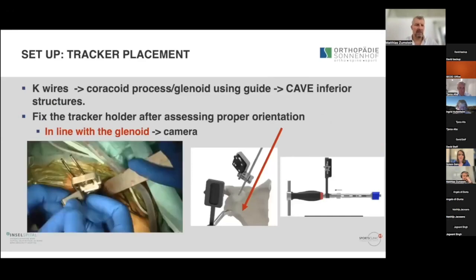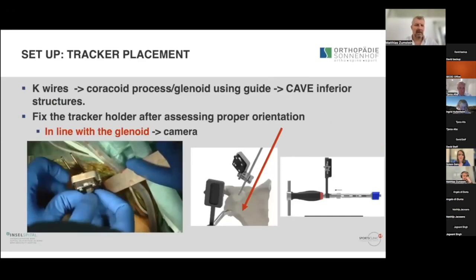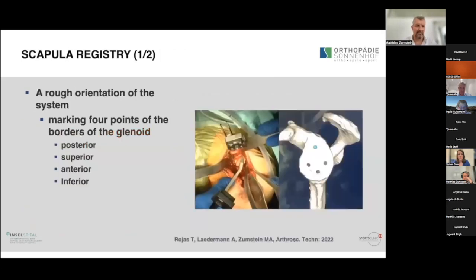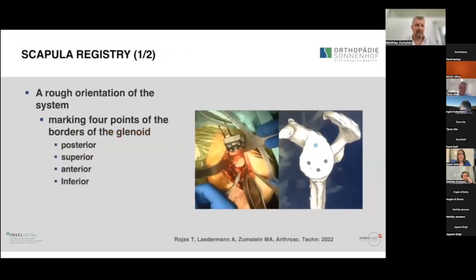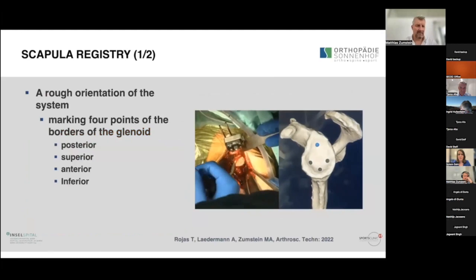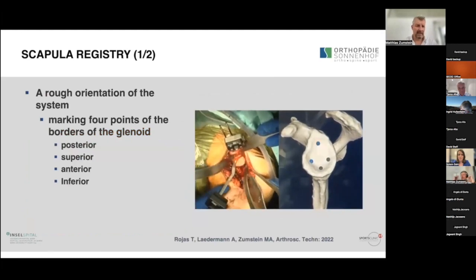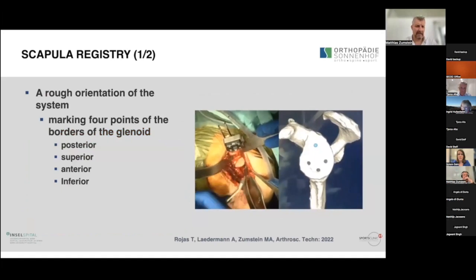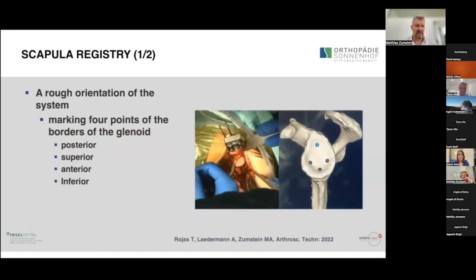First, as we heard, you need to have trackers and a camera. So you have to fix the tracker holder on the coracoid. Proper orientation here is the key, so that the camera and the tracker see each other during the surgical procedure. Then you give a rough orientation of the glenoid space, including definition of 4 points: posterior, superior, anterior, and inferior.